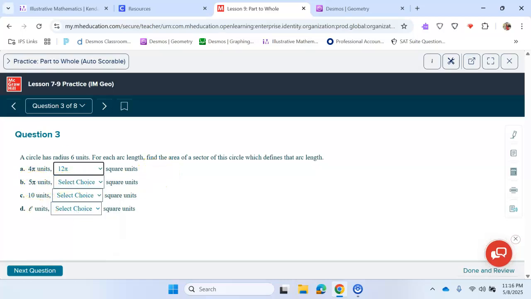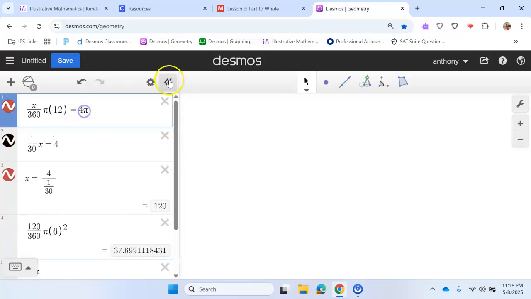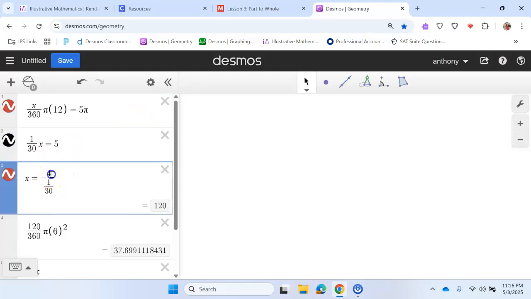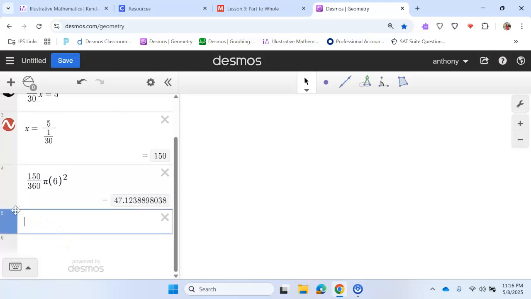If it is 5 pi units, we change the 4 pi to 5 pi. That means the angle is 150 degrees. 150 times 36 divided by 360 is 15.